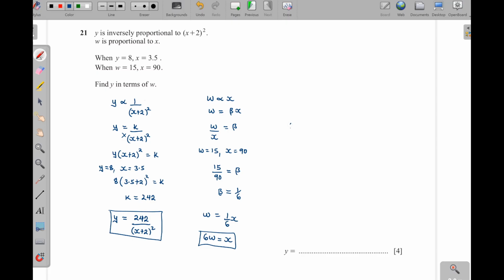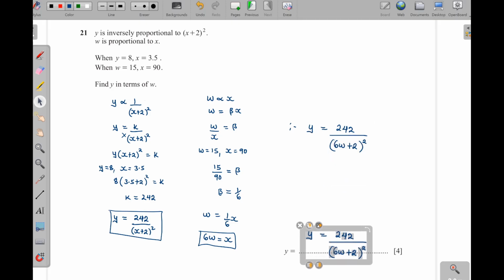So this therefore implies that y shall be equal to 242. Then we divide by, where there is x, I'm putting 6w. So 6w, then plus a 2, and then we square that. You see? And I think this is going to be our answer. There's nothing else. And that is what we are having there.